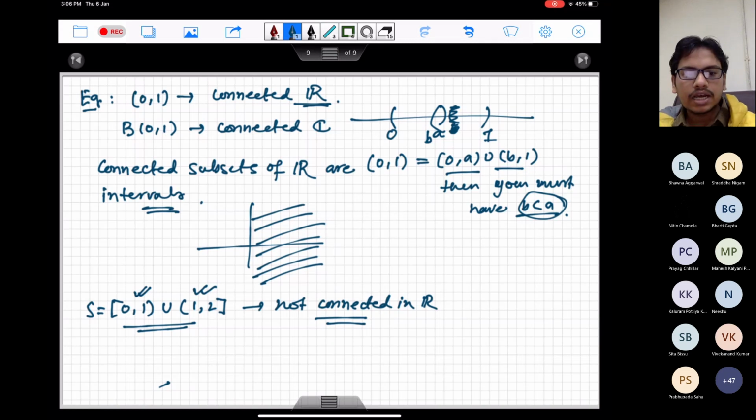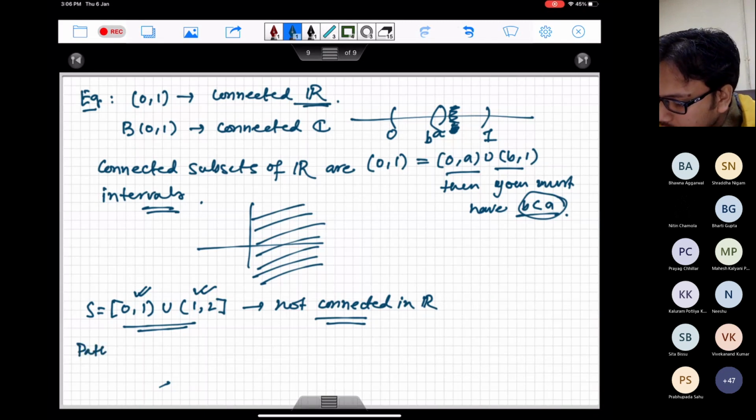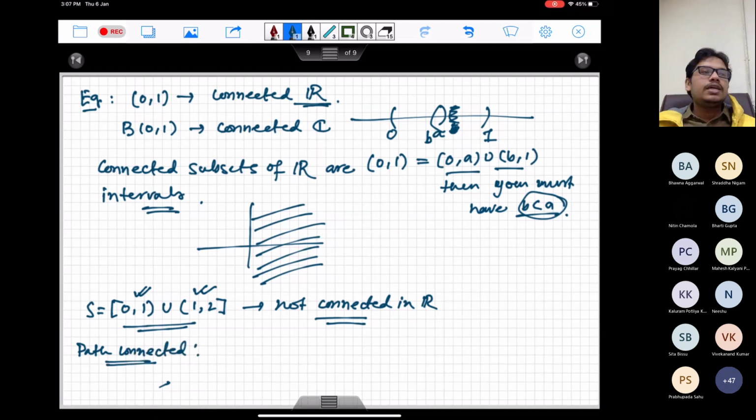So let me just give you the definition of path connected set so that you have this in your mind. I was telling you what happens in case of an interval. In case of an interval, if I take 2 points, then any point between those 2 points is there.